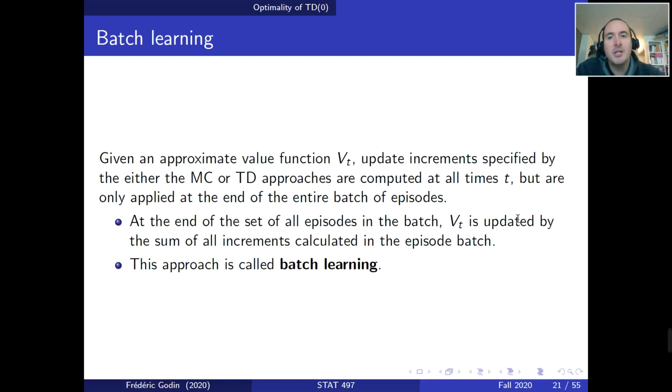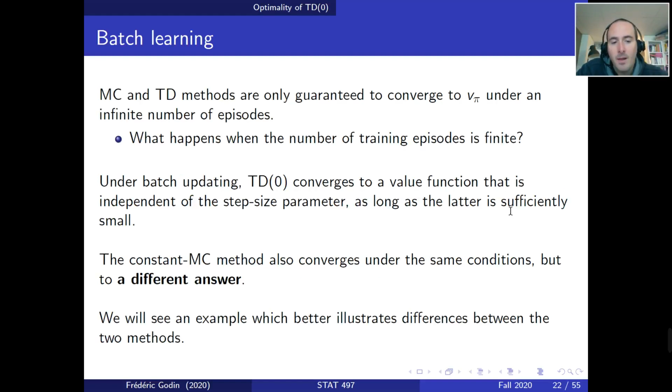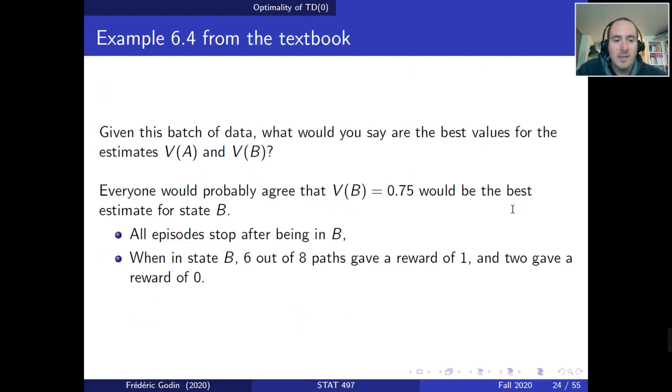So in batch learning, you pass a batch of episodes, which is a set of episodes, and then you make the updates only at the end of the batch. I wanted to correct what I said in the previous video. This is now the correct explanation. I've changed a bit of the wording in that slide if you compare to what was there in the previous video.